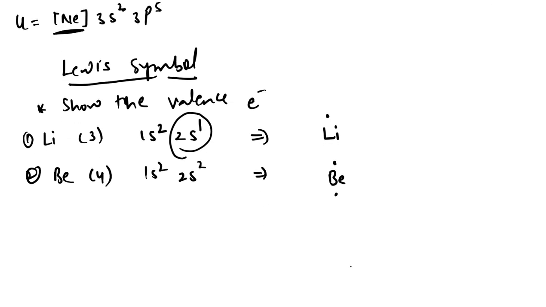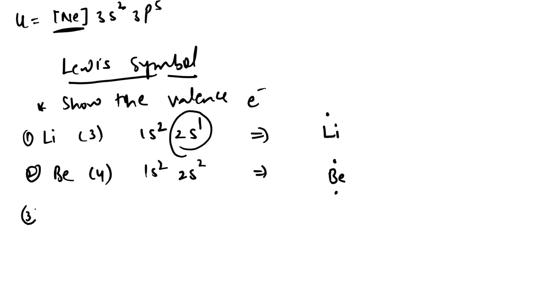Similarly we have boron, which is represented as 1s2 2s2 2p1. So it has 3 electrons in its outermost shell. How do we show this? Boron, 1, 2 and 3 electrons.